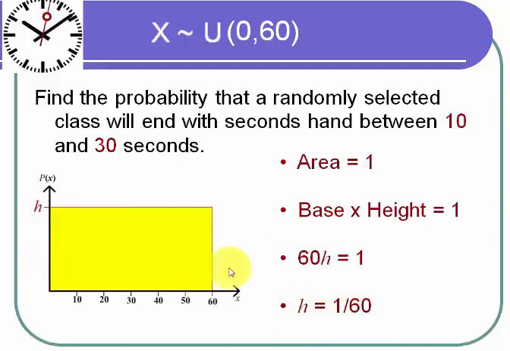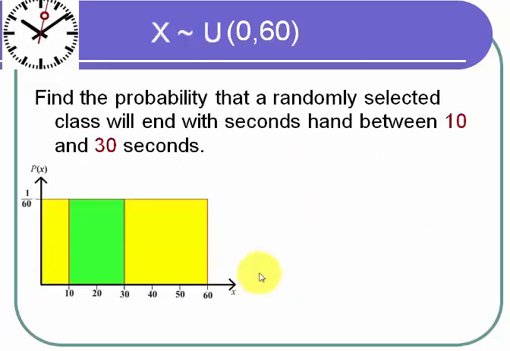So now let's use that to answer some questions. Let's find the probability that a randomly selected class will end with seconds hand between 10 and 30 seconds. So I'm going to start by drawing this picture. Again, we have this rectangle between 0 and 60.